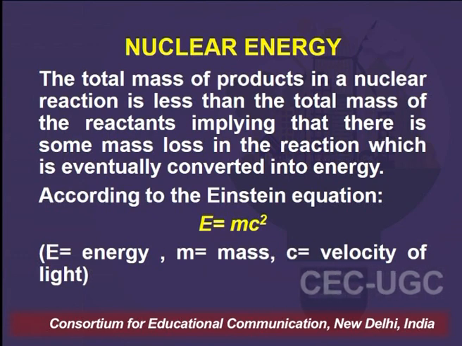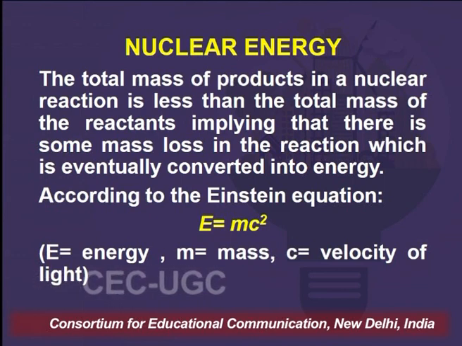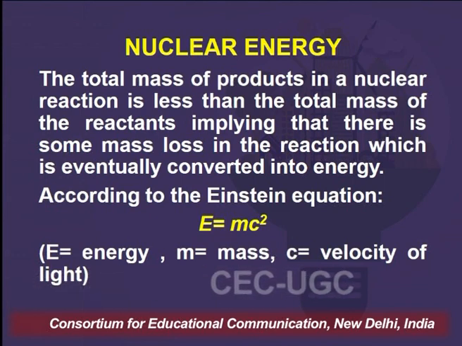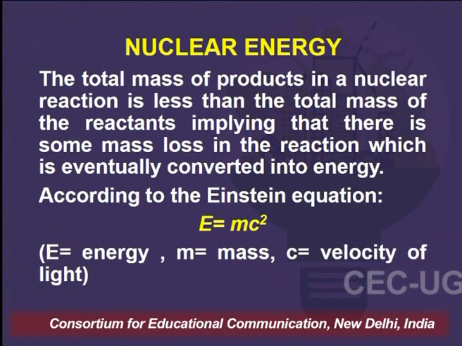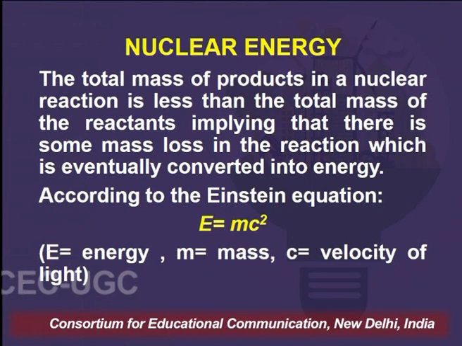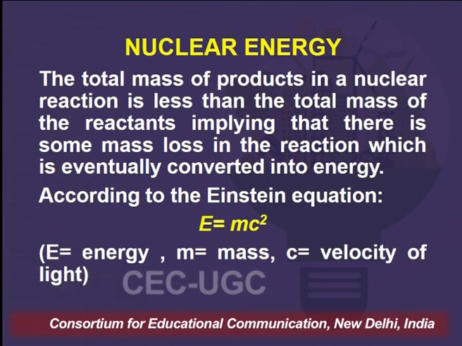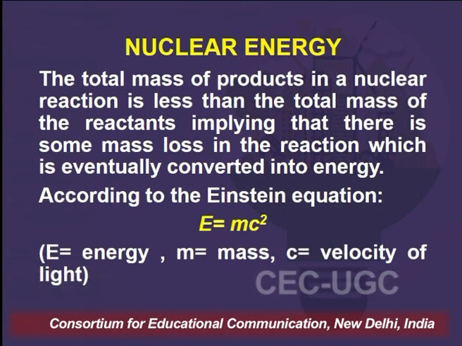Now, the total mass of products in a nuclear reaction is less than the total mass of the reactants, implying that some mass is lost in the reaction, which is eventually converted into energy.